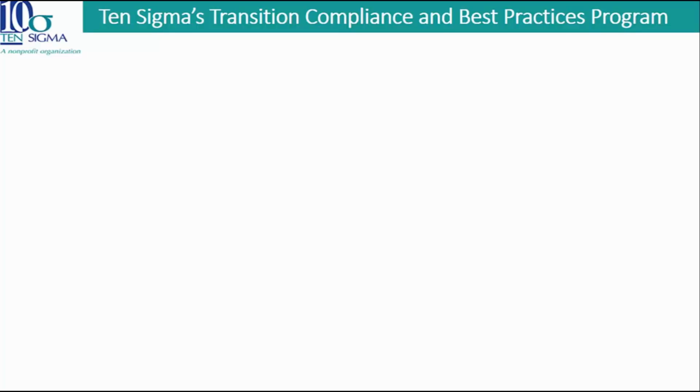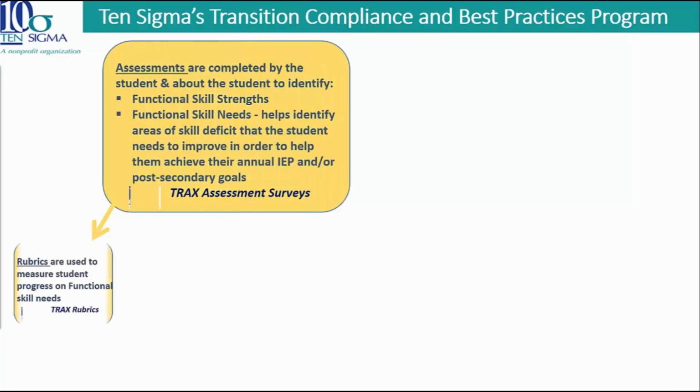Let's look at the assessments that are completed by the student and about the student to identify functional skill strengths and functional skill needs. This helps, of course, identify areas of skill deficit the student needs to improve in order to help them achieve their IEP and/or post-secondary goals.